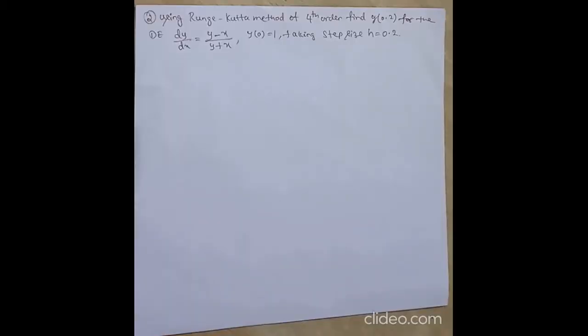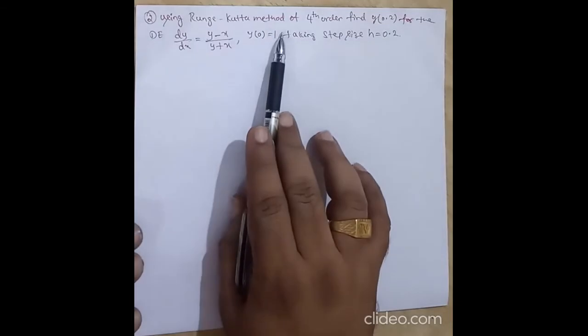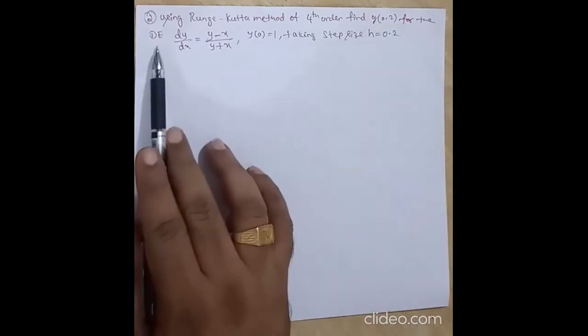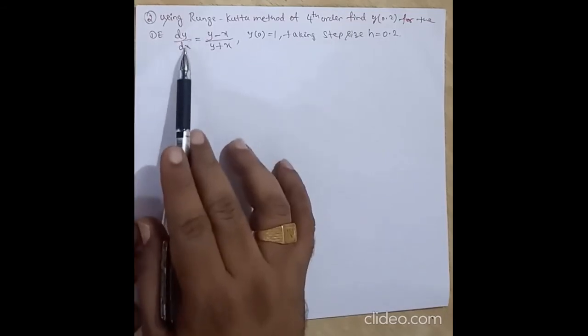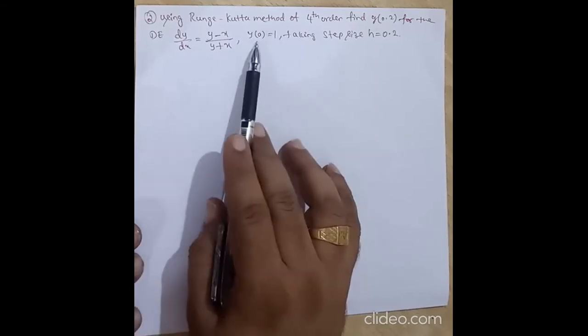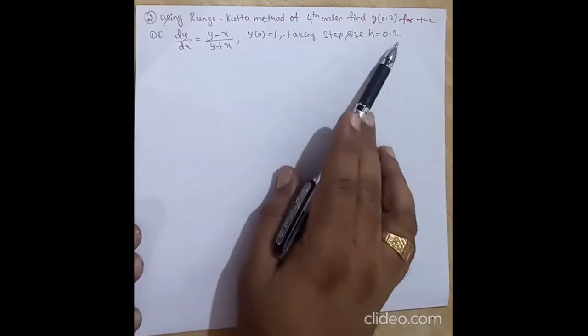Okay, so now we shall discuss the solution of a second problem. Using Runge-Kutta method of fourth order, find y of 0.2 for the differential equation dy by dx equals y minus x by y plus x, comma y of 0 is equal to 1, taking a step size h is equal to 0.2.